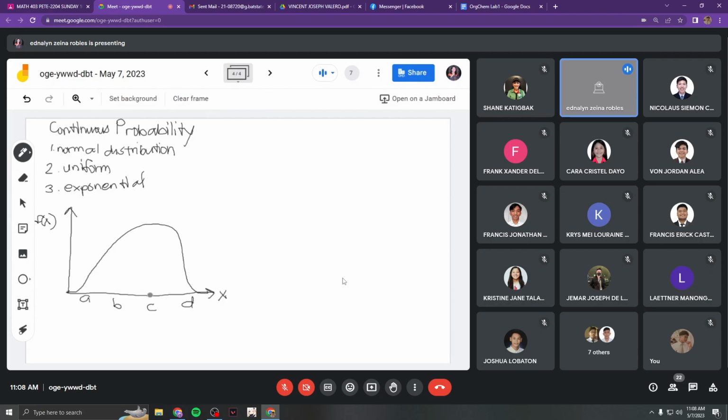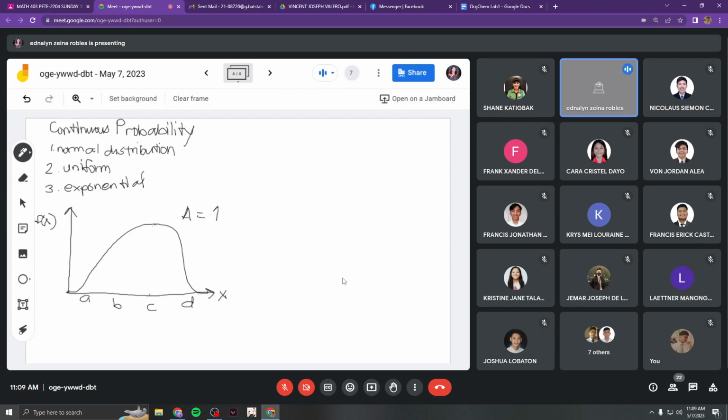So if we do have C as our given point, f of x tells the height from C until the curve. And remember this, the total area inside the curve is equal to 1.